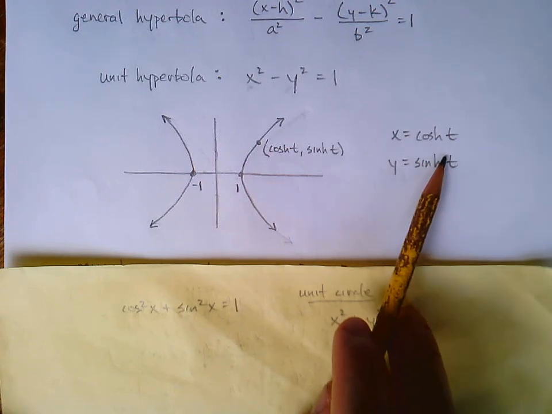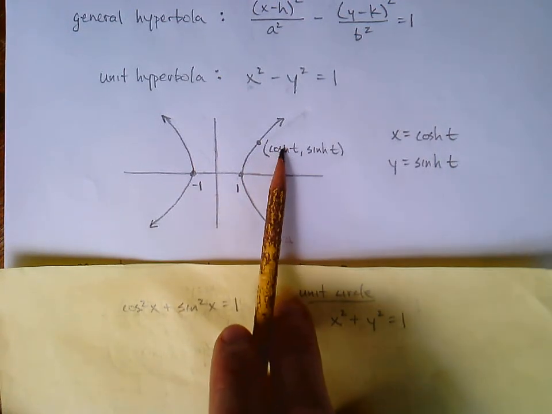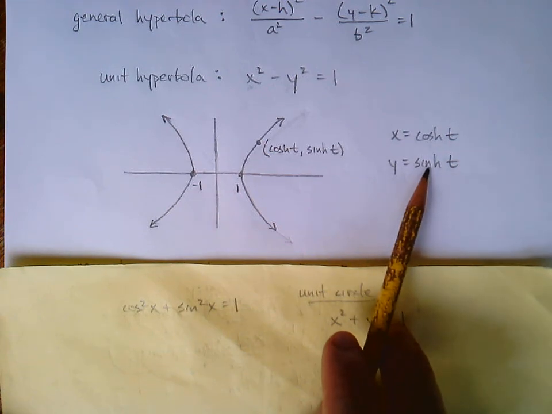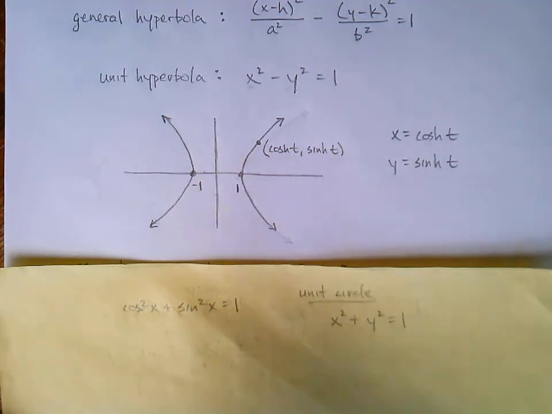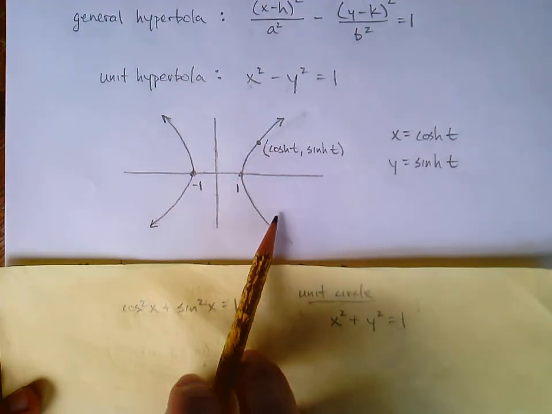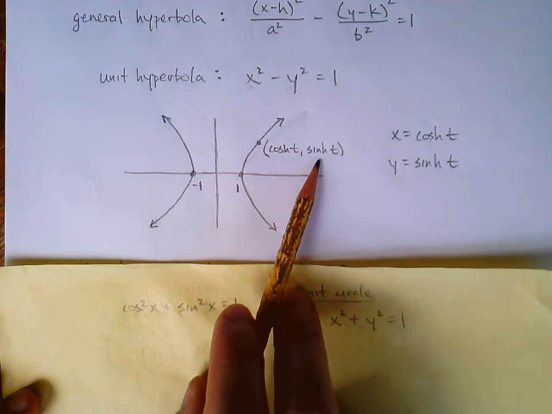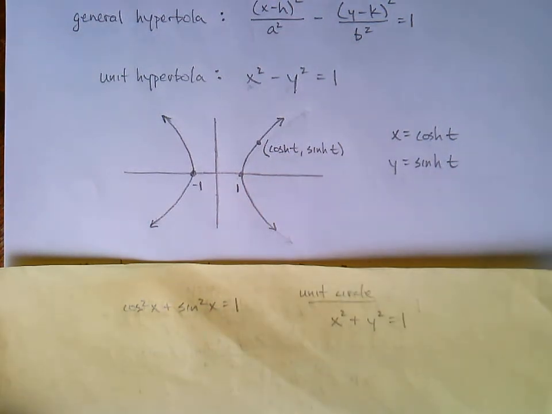Pick any value of t that you want, put it in here, and you get the x coordinate of a point on this curve somewhere. Put the same value into sinh, and you'll get the y coordinate of that same point. So this is the graph of every point defined by cosh t, sinh t for every value of t.